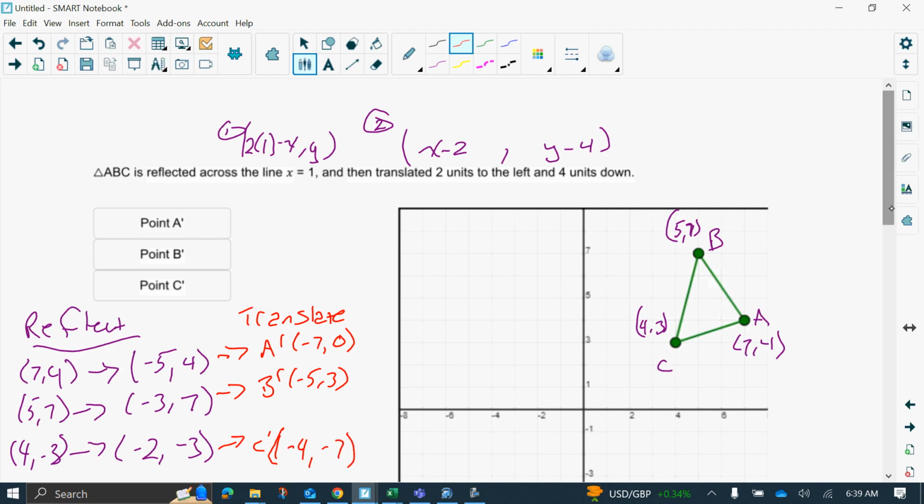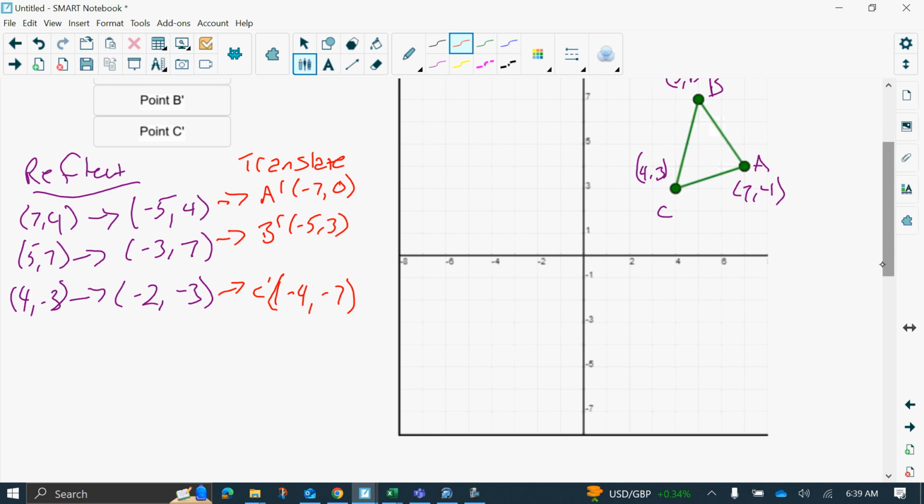And so then we graph those points. So negative 7, 0. Negative 5, 1, 2, 3. Sorry, that should be positive 3. And then negative 4.